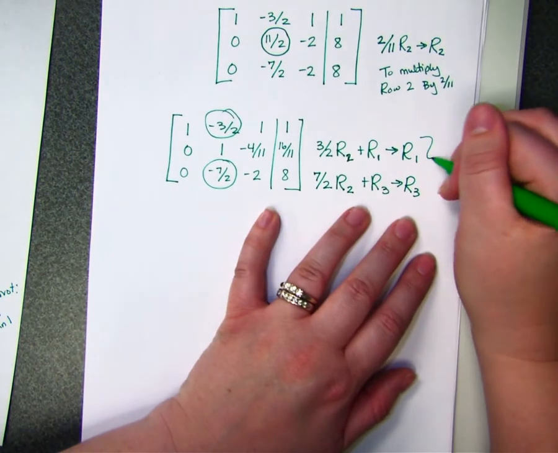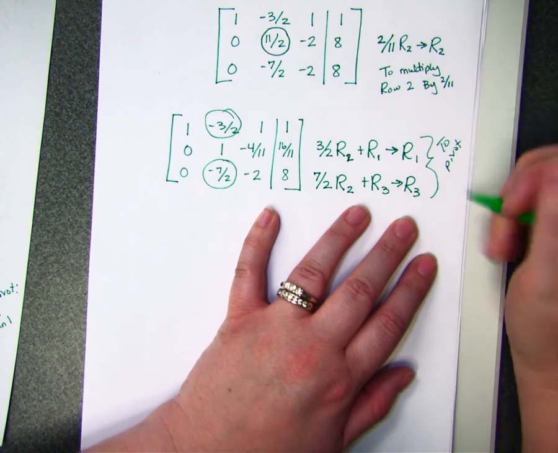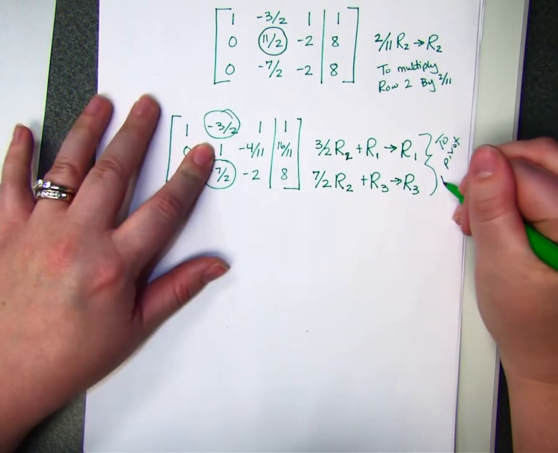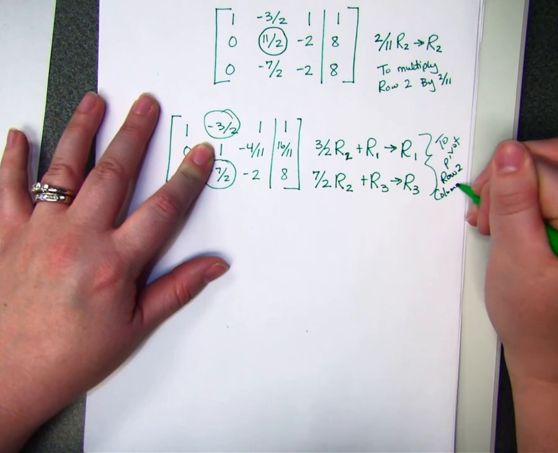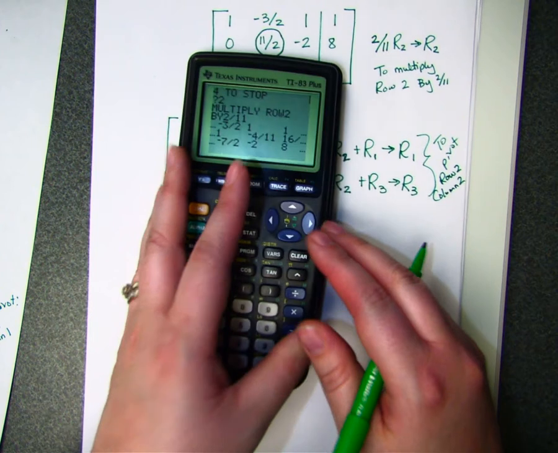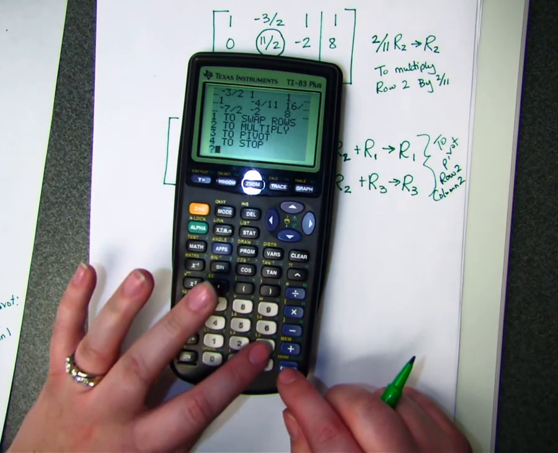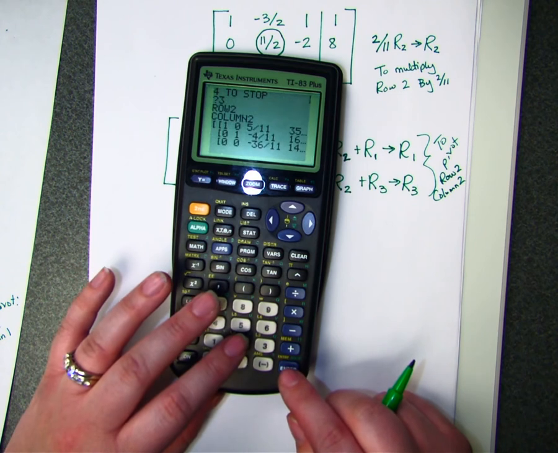And in your calculator, this is taken care of under pivot. And we'll be pivoting around row 2, column 2, because that's where our 1 is. So in your calculator, hit enter, and option number 3 to pivot around row 2, column 2.